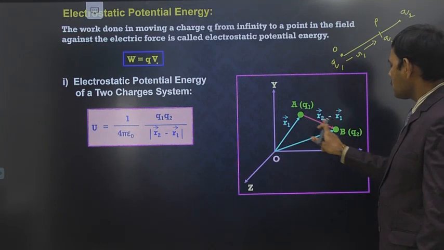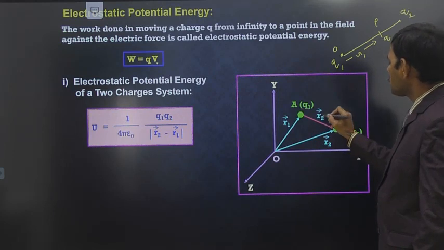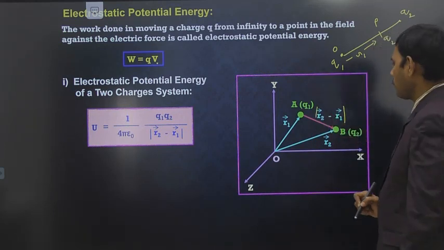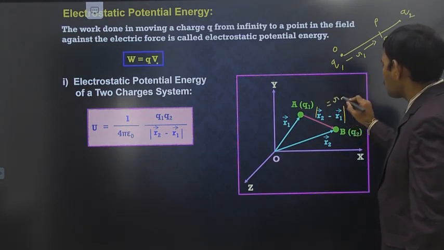Then the distance between the given two charges is the magnitude of R2 bar minus R1 bar. Simply we represent it by the value R21.